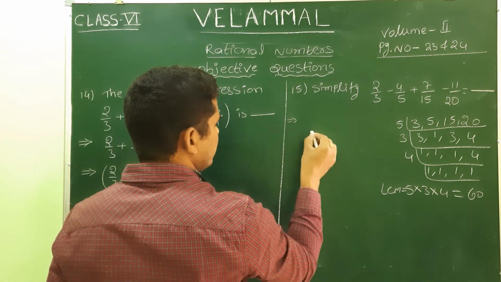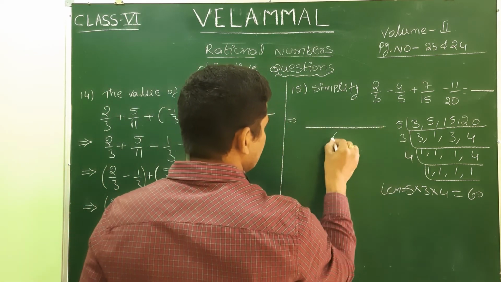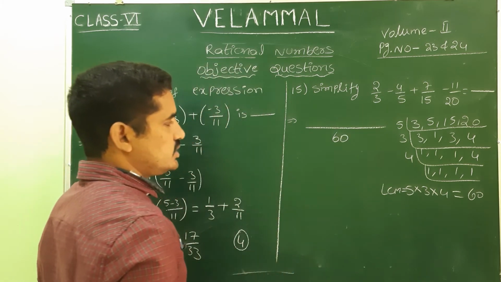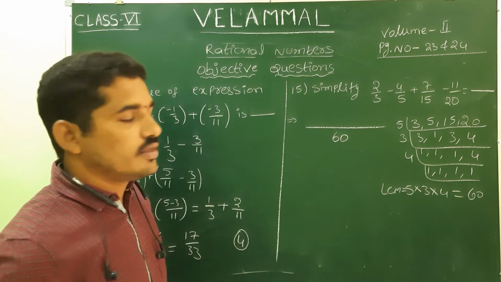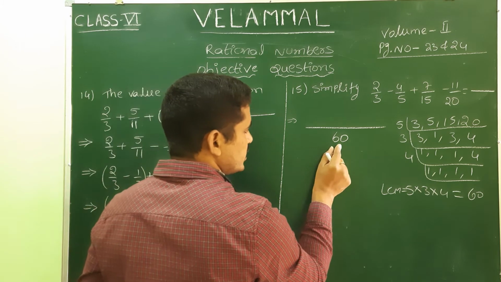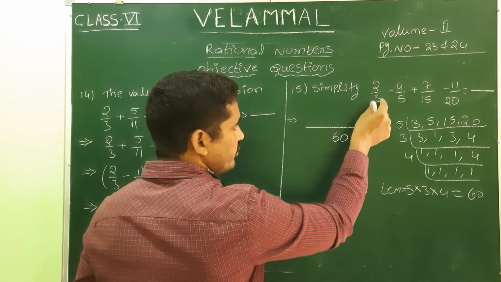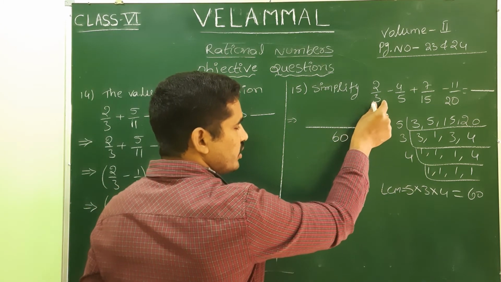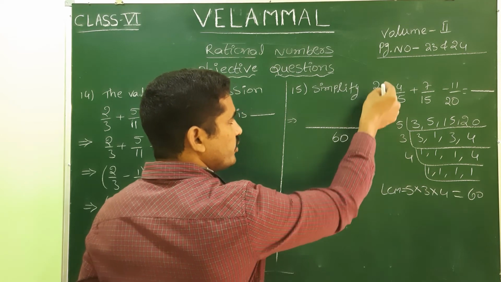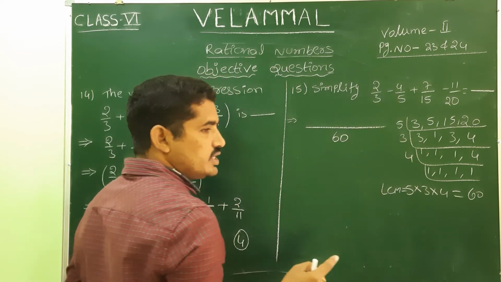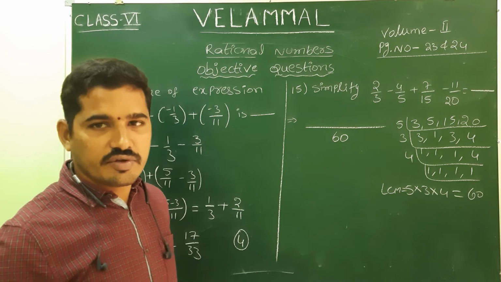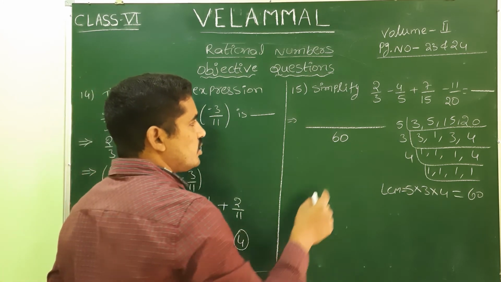Next, while we are doing the solution, commonly we need to take the 60 as LCM. After taking the LCM 60, this 60 we need to divide with 3. Then we will get 20. The 20 we need to multiply here. As a simplification of fractions, already we discussed in the fractions concept.